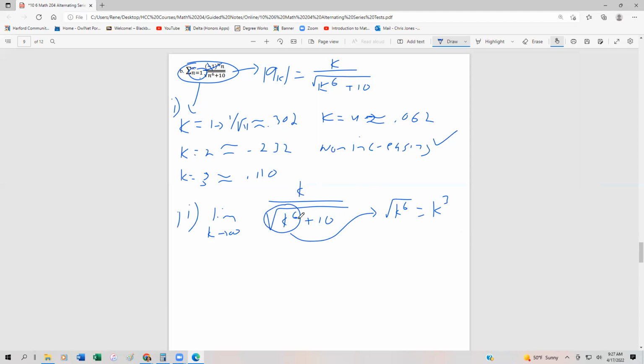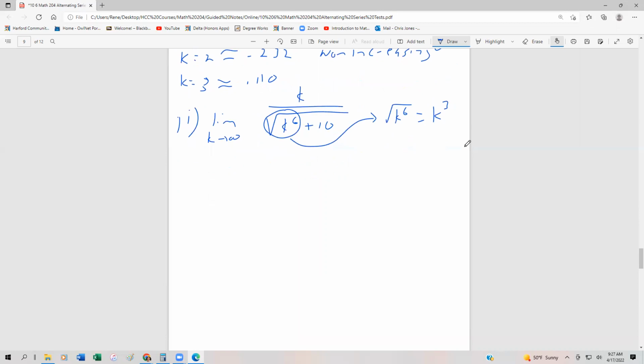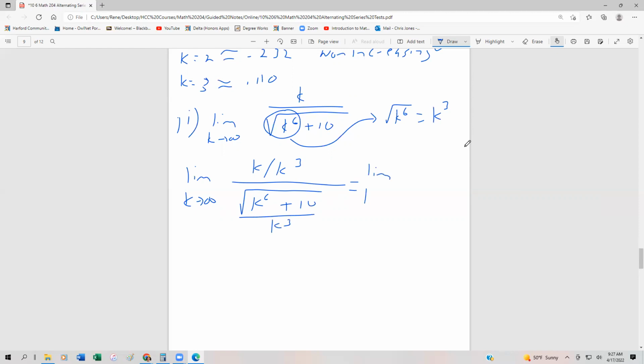If it was the third root, we would take the third root of k to the 6th, which would be k squared. So now we get the limit as k approaches infinity of k over k to the 3rd, divided by the square root of k to the 6th plus 10 divided by k cubed. That's the same thing as moving the k underneath the radical to get back to k to the 6th.